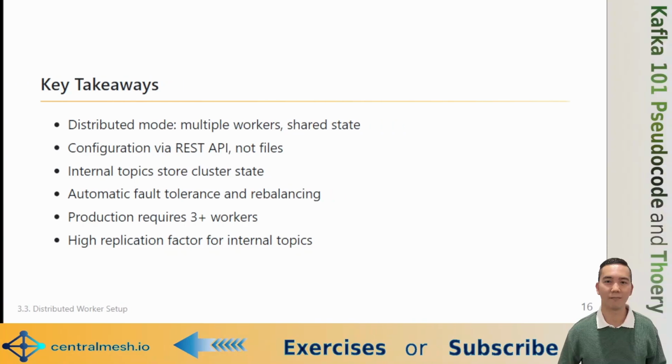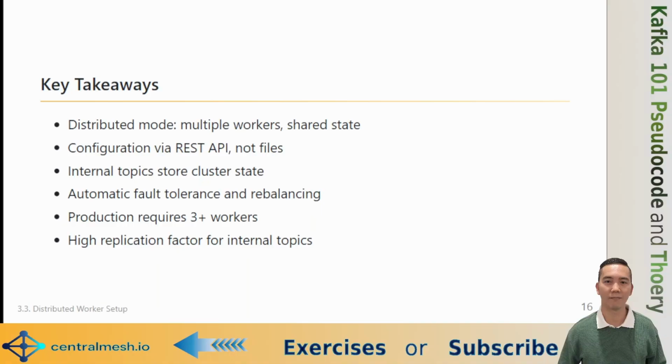Let's summarize what we have covered in this lesson. Distributed mode allows multiple Kafka Connect workers to operate together as a single cluster with shared state. Unlike standalone mode, connectors are deployed through the REST API rather than local configuration files. The 3 internal topics store connector configurations, source offsets, and runtime status, allowing every worker to stay synchronized.